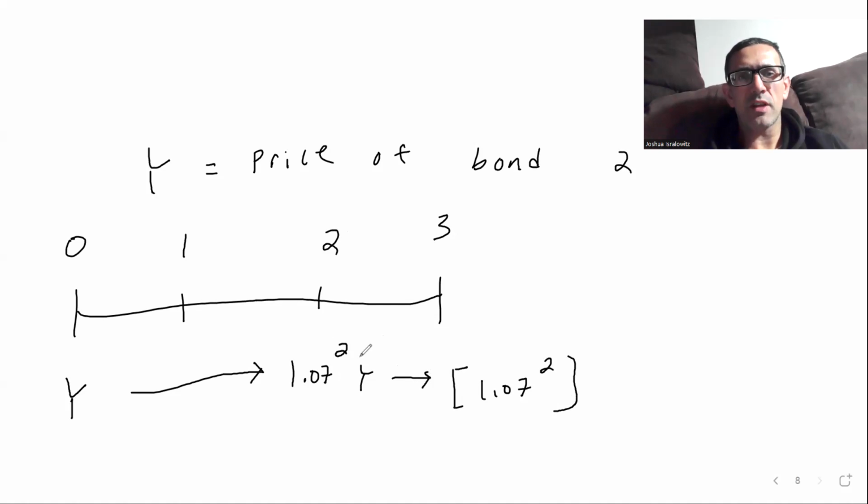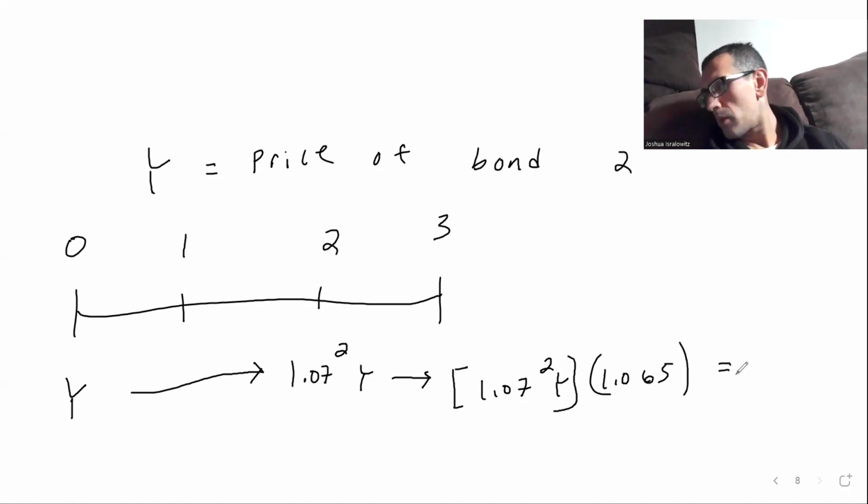So we take this amount and dump it into some account earning a 1-year spot rate of 1.065. This is going to be equal to, we're going to use this to pay off the $2,000 liability at the end of 3 years.